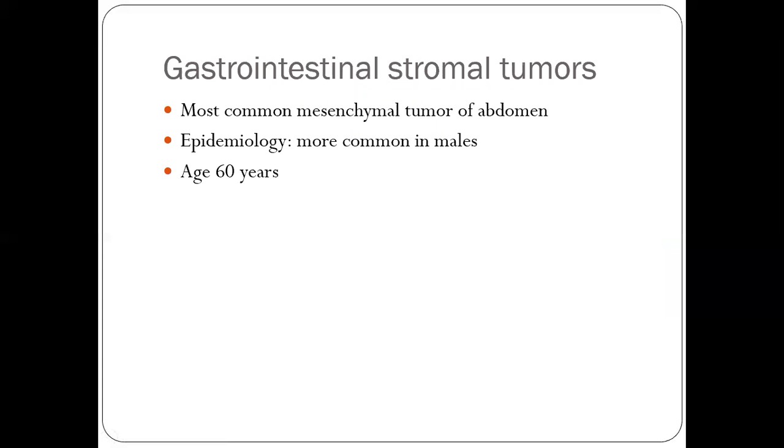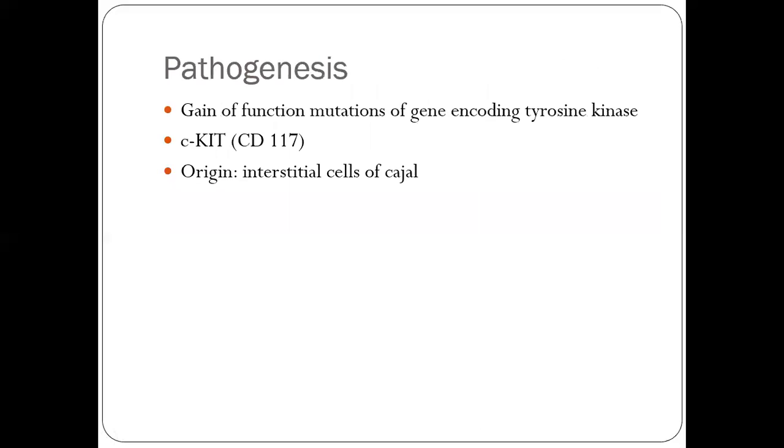Then there is gastrointestinal stromal tumor. This is the most common mesenchymal tumor of the abdomen, and it is more common in males, and the age of presentation is 60 years. Pathogenesis of gastrointestinal stromal tumor, which is abbreviated as GIST: there is gain of function mutation of the gene encoding tyrosine kinase c-KIT or CD117.